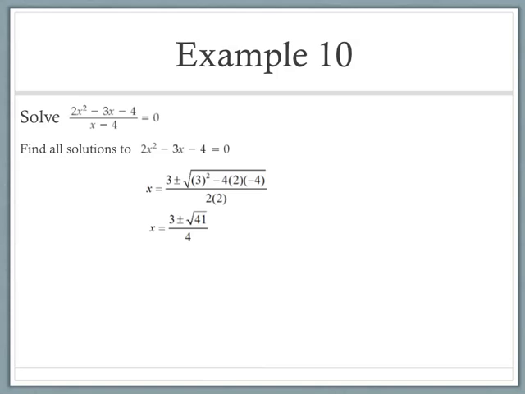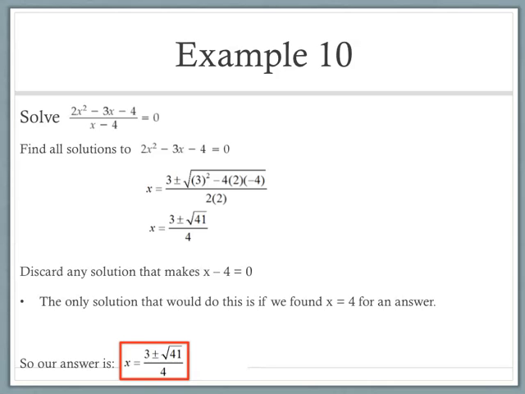In this case, it's actually pretty easy to tell whether or not the solutions that we just found are going to make the denominator 0, because x minus 4, well, what value does x have to be in order for that to equal 0? It would have to equal 4. 4 was not one of the solutions that we found in the numerator. So that means that our answer is going to be 3 plus or minus the square root of 41 over 4. Neither 3 plus the square root of 41 over 4 or 3 minus the square root of 41 over 4 will give us 0 in the denominator.